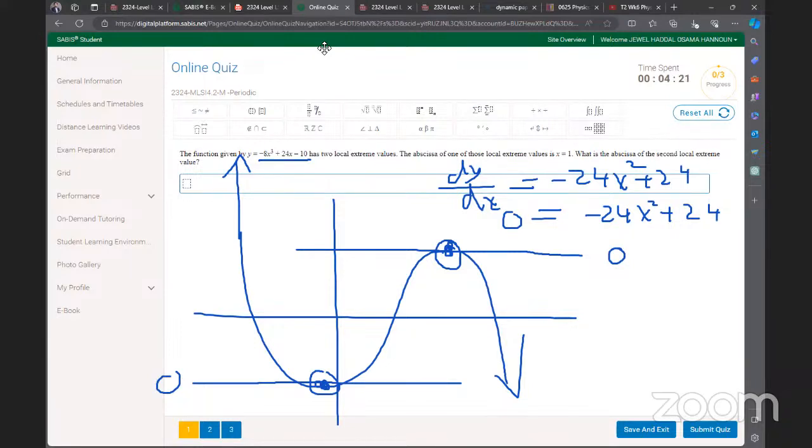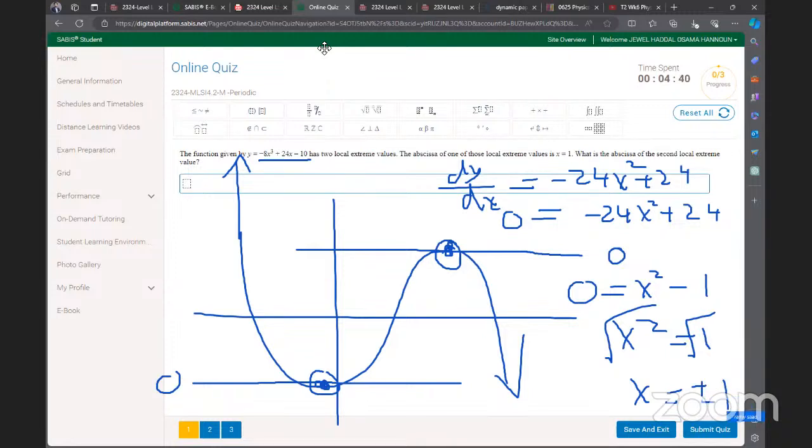So I will take negative 24 as a common factor. It will be x squared minus 1, and negative 24 divided into 0 gives 0. So x squared will be 1, and taking the square root, x will be positive or negative 1.